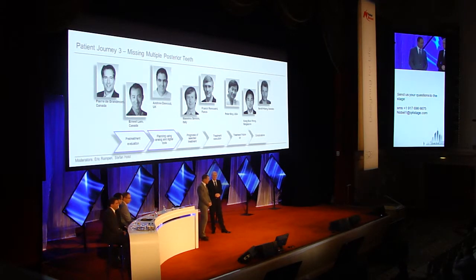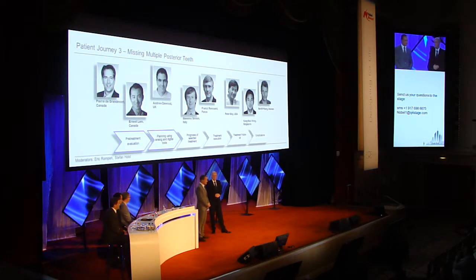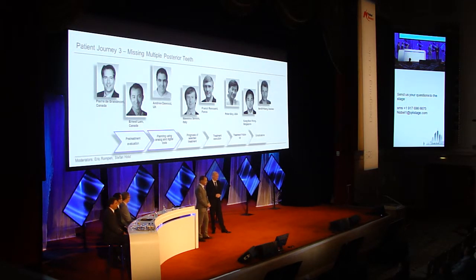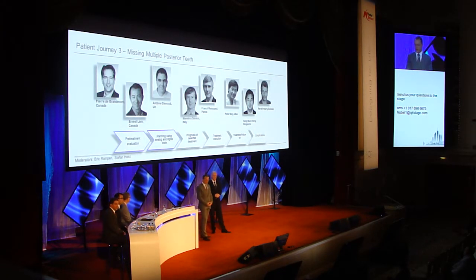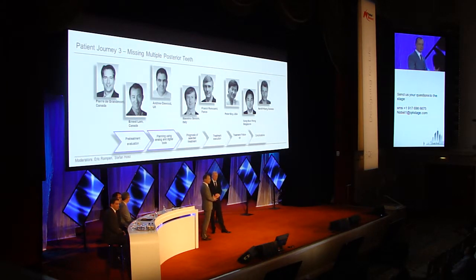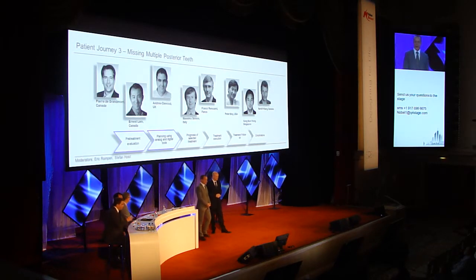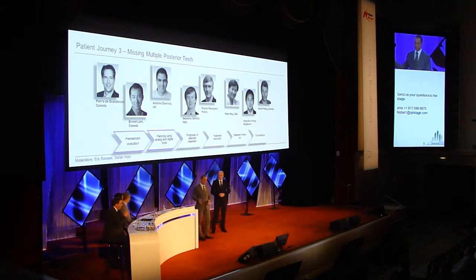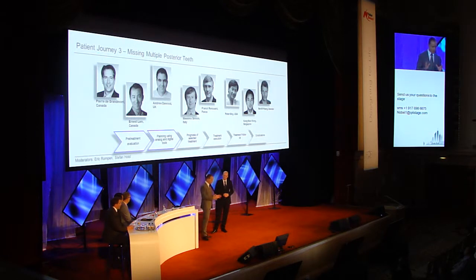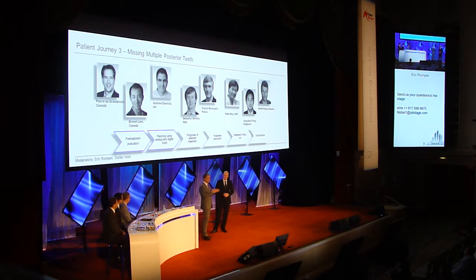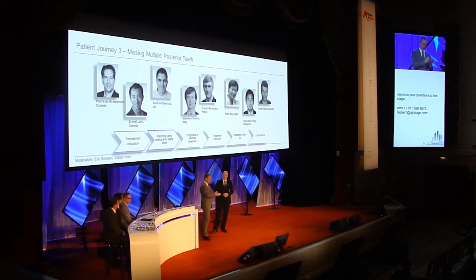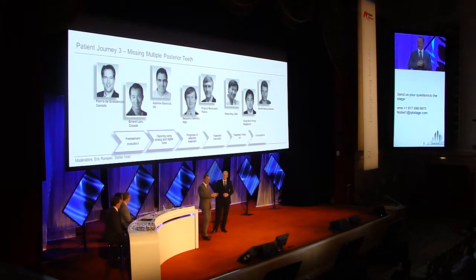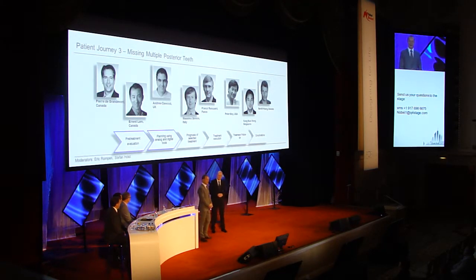So this morning it's missing multiple posterior teeth, upper and lower, and I hope you will have a nice message at the end. At least we tried and we worked a lot on that. We really asked our brilliant lecturers to be humble and to stick to their topic. And of course, one topic besides the other, at the end you should have a complete message.